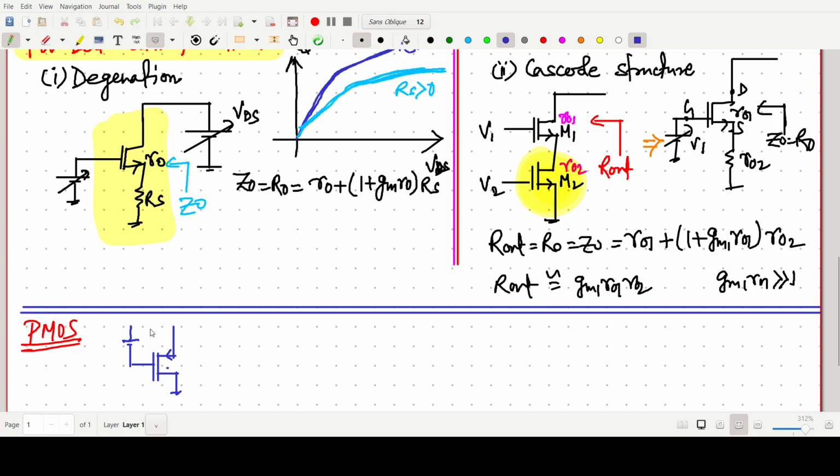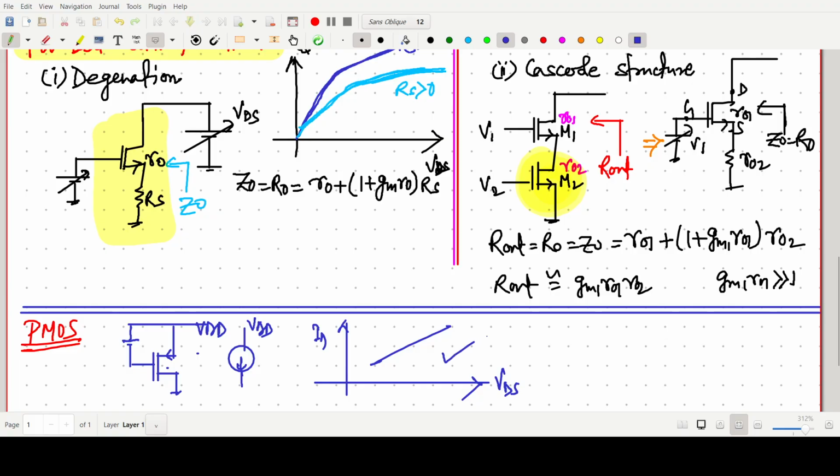We make one voltage source, and the current flows from VDD, this one is our VDD, and this is also ID. So in case of PMOS, this is the structure. You can also think about the PMOS current mirror. If you know the NMOS, it is easy to understand. The cascade structure gives a better result than degeneration.